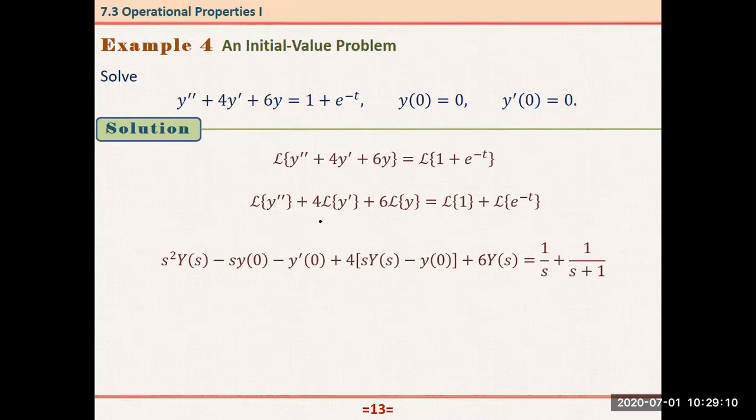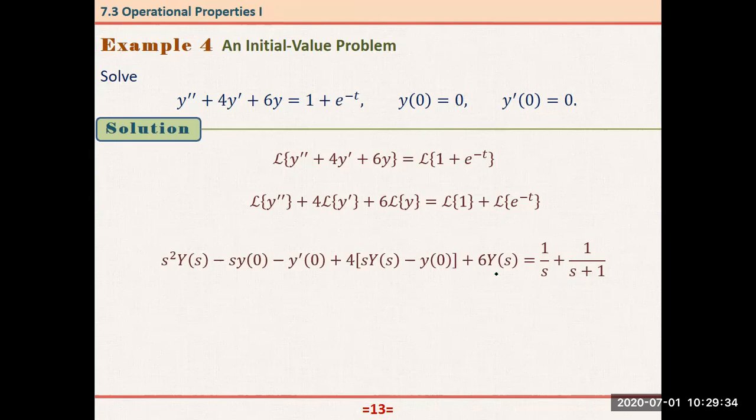Here the power of s is decreasing as the order of the derivative is decreasing. Plus here we have 4 times Laplace of y prime, s times capital Y of s minus y of 0. Plus here we have 6 times Y of s. And what is the Laplace transform of 1? It's just equal to 1 over s. And how about e to the power minus t? Here a is negative 1, 1 over s minus a, right? That is s minus negative 1, it is s plus 1.